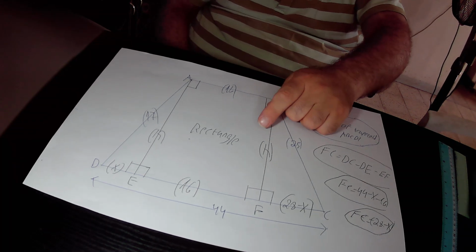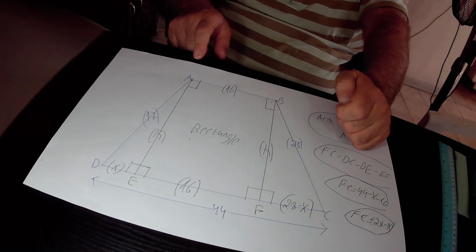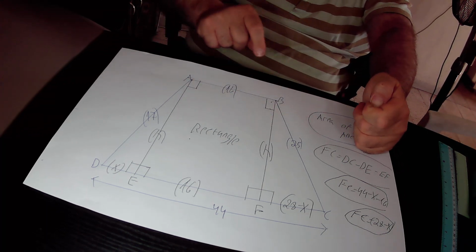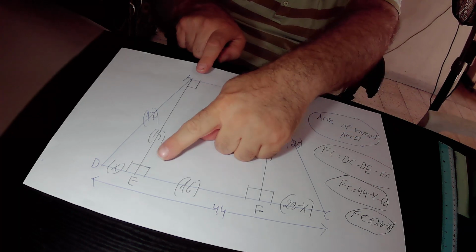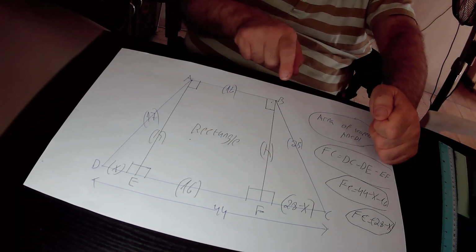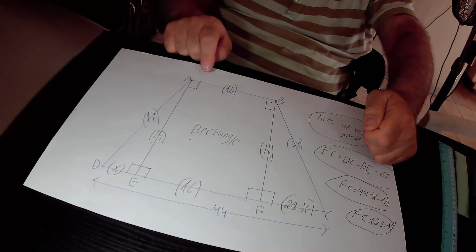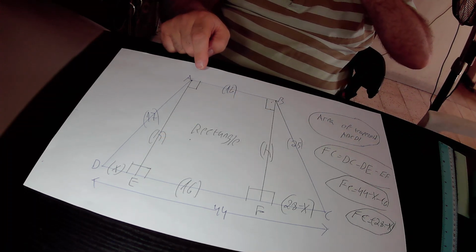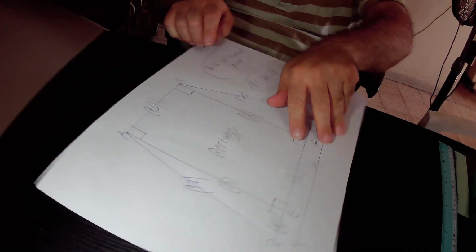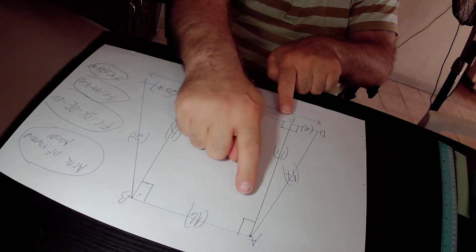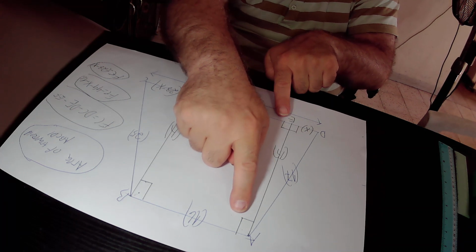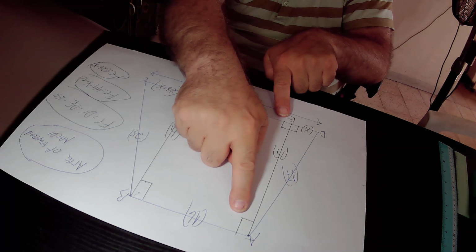So here we know that AB is parallel to DC. And those angles are located between the parallel lines AB and DC, and therefore they are defined as interior angles. And those two angles are both located on the right side of the straight line AE, and therefore they are also defined as one-sided angles.